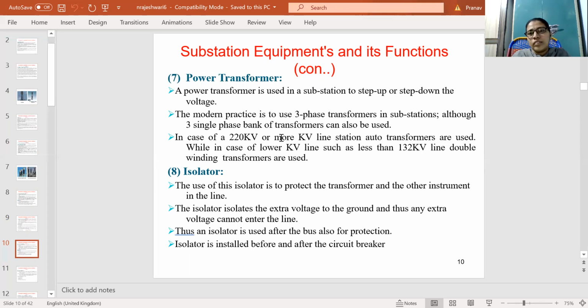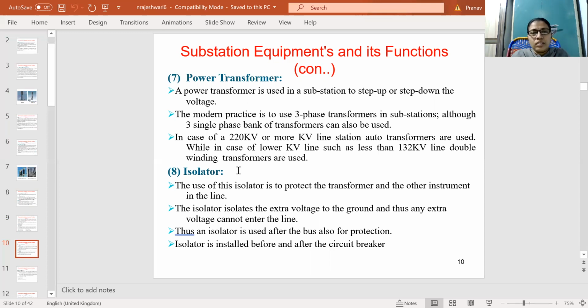For 220 kV and above, it's high voltage, so auto transformers are used in substations.